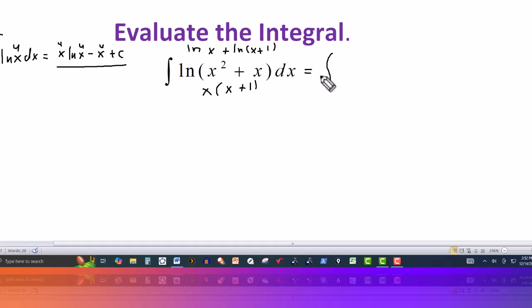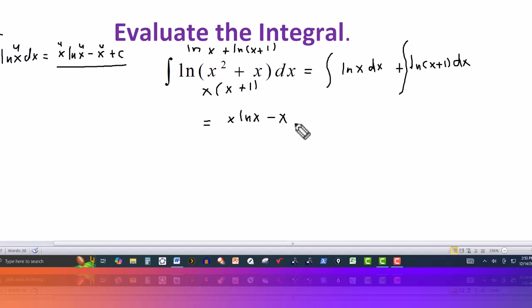So I'll rewrite this as two logs: the first integral would be the integral of natural log of x dx, plus the integral of the natural log of x plus 1 dx. For the first one, I can use the formula up here on the left. This would just be x natural log of x minus x, and of course we have the constant of integration.